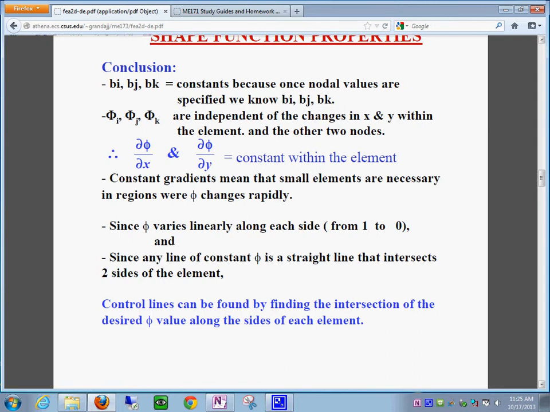And since any line of constant phi is a straight line that intersects two sides of the element, that is important because if a level of the solution, let's say a temperature of 25 degrees, would intersect the sides of the finite elements, that measures 25 degrees as a contour or as a level of the solution.